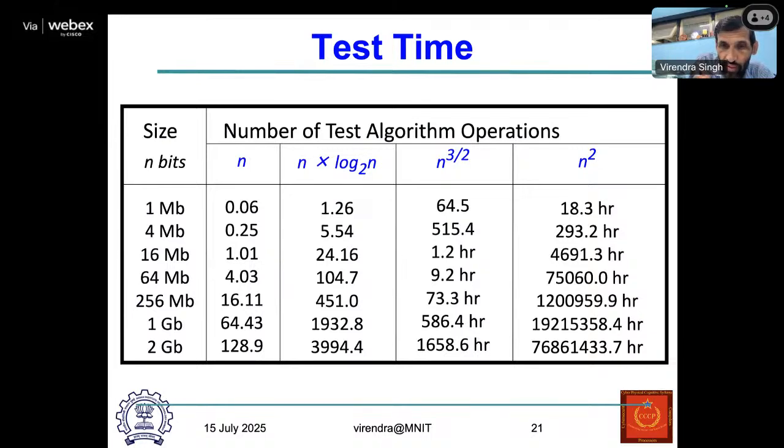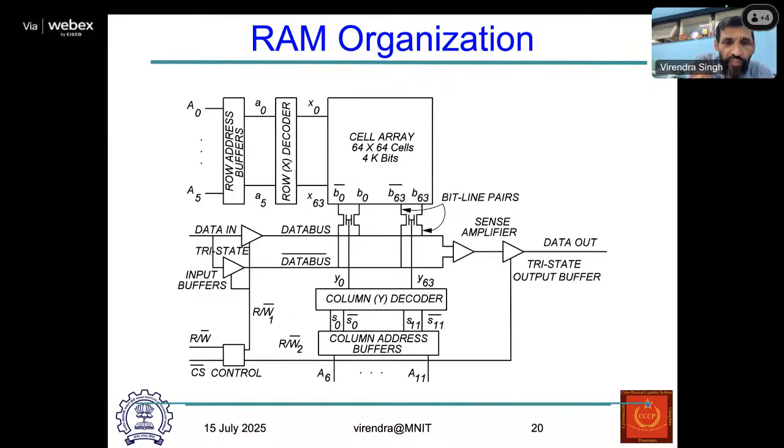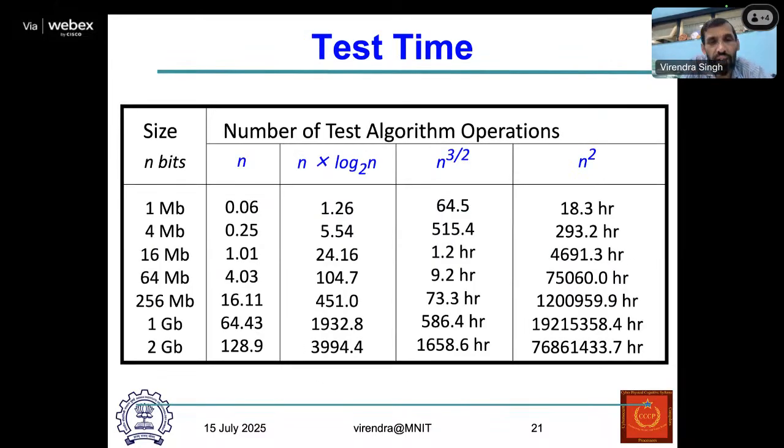Now these are a little bit older data. Let's say my memory size is some number n bits in the circuit, and I forgot what frequency was used, something like a few megahertz.